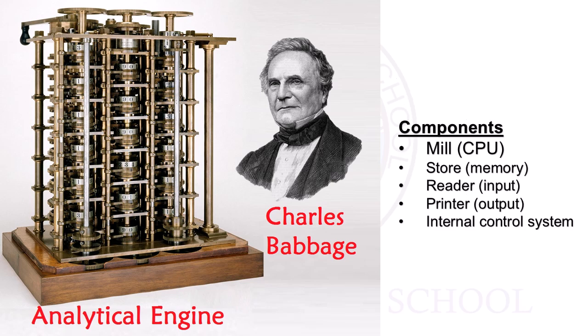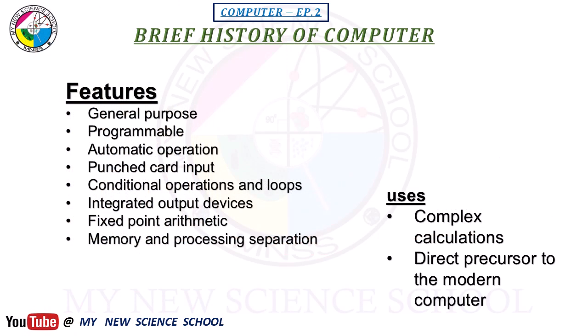Components include the CPU, which was the mill, and it has memory, and also internal control. So features of this machine include this. Then the use of this machine: the machine was used to perform complex calculations and was a direct precursor for modern computers.